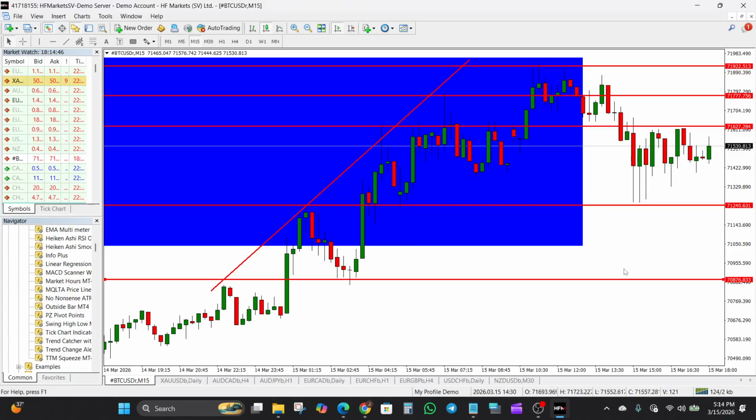The overall goal of price ladder trading is to gain a deeper understanding of how orders interact within the market and how that interaction may influence short-term price movement.